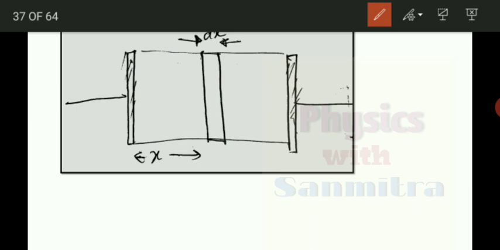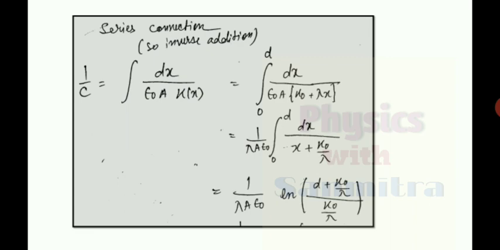This is actually a series combination. In series combination, we write 1 by C and add, but here we will not add because this is a continuous variation, so we will integrate.